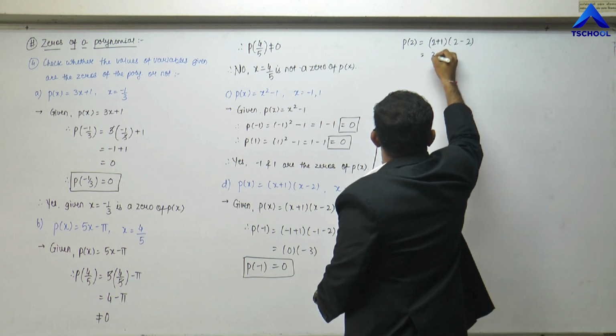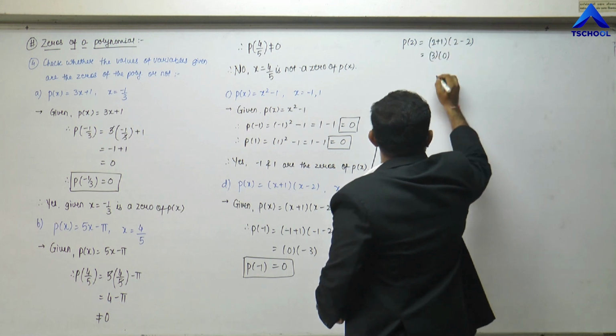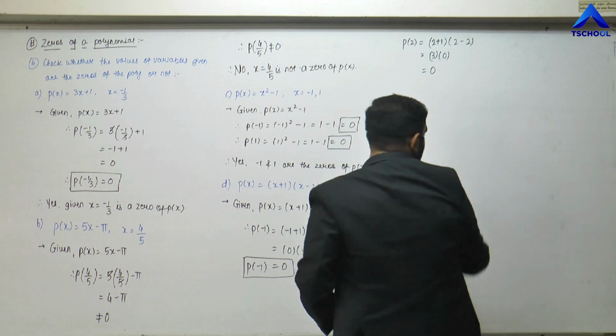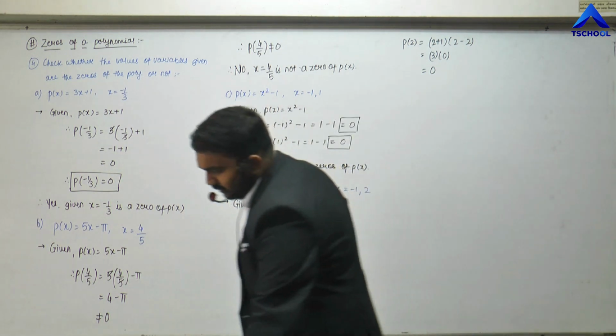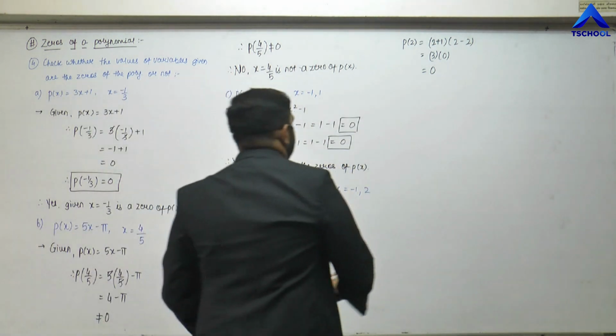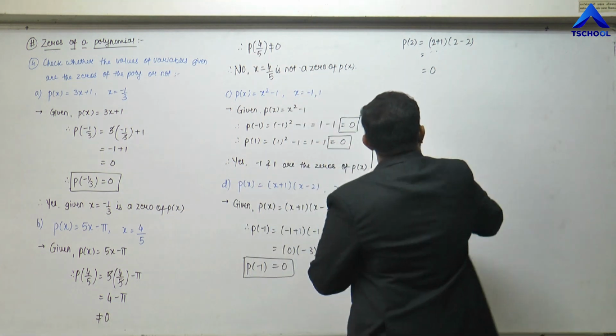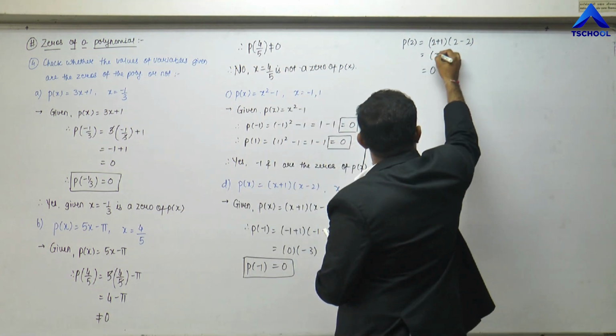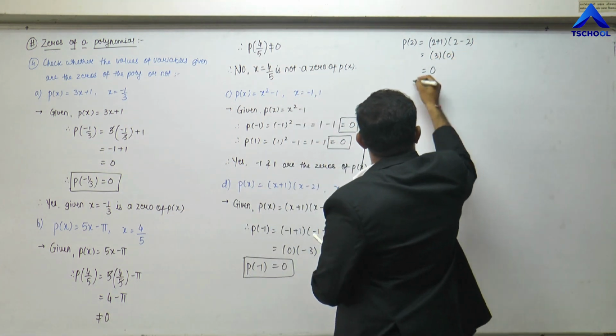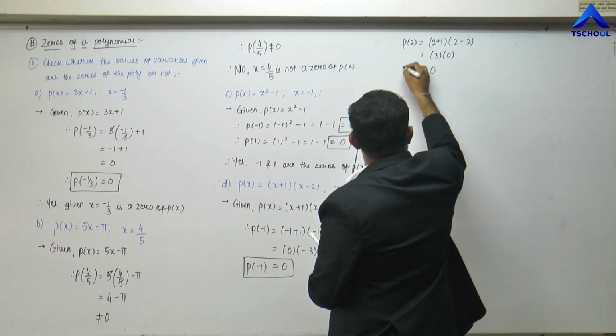What is 2 plus 1? 3 into 2 minus 2 is 0, and hence that leads us to 0, because 3 into 0 is 0, right? So we got p of 2 as 0 here.